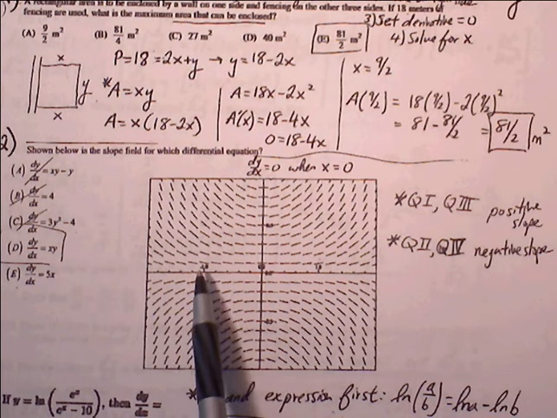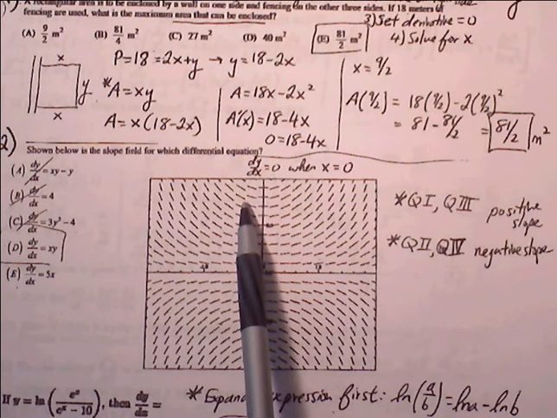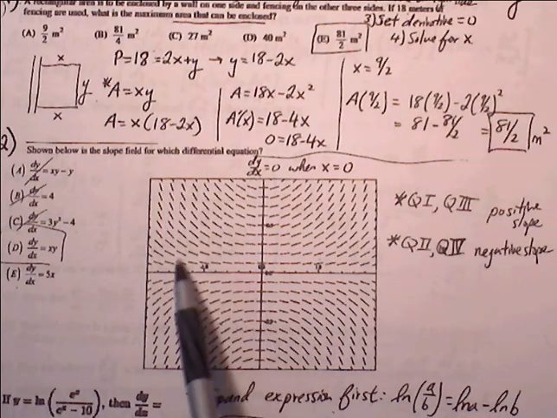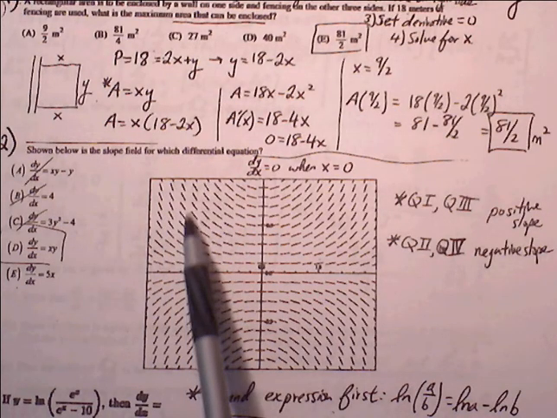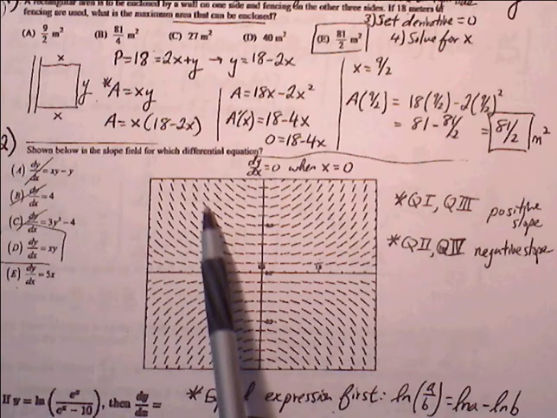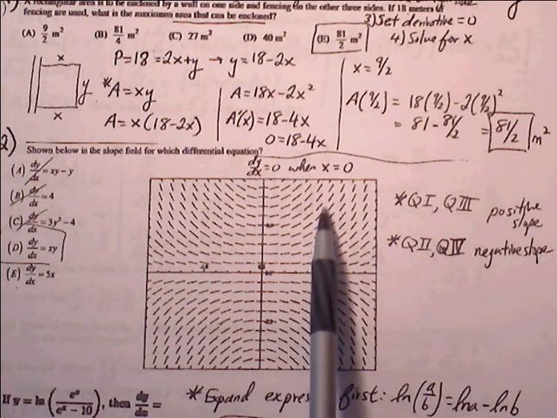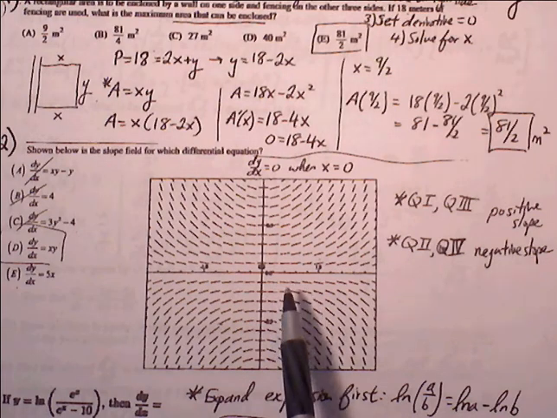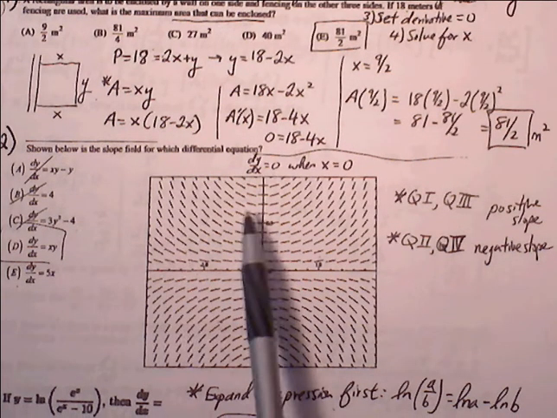Okay, so one thing that we notice here is that even though we may be able to look at the slope field and identify whether it's a negative slope at this ordered pair or a positive slope, we may not know exactly for sure. But the ones that we do know for sure are where slope is 0.